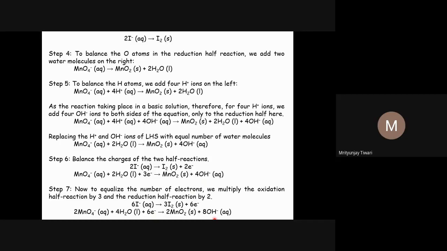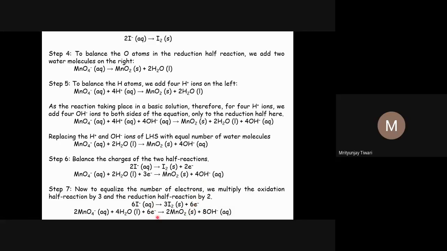Now the electrons lost are equal to the electrons gained during the two half reactions. So now we can add these two reactions. 6 electrons are there on the left hand side and 6 electrons on the right hand side.